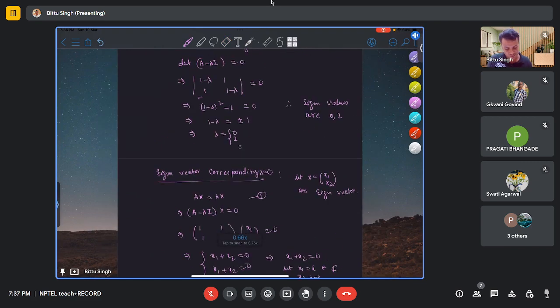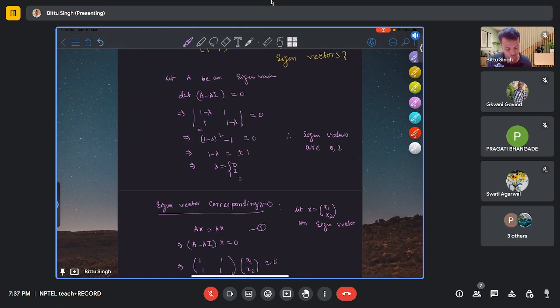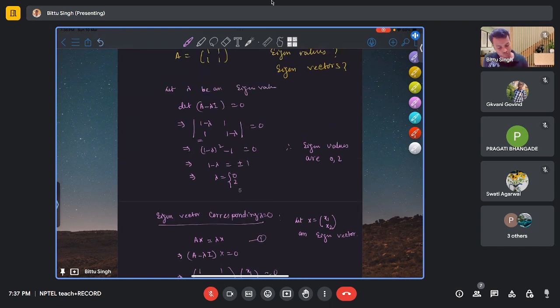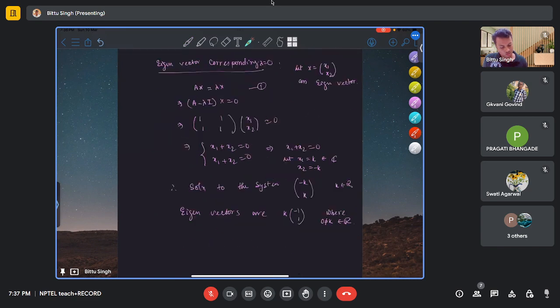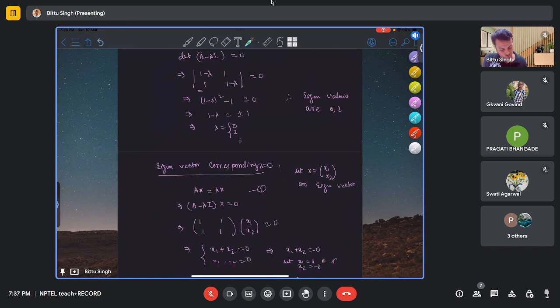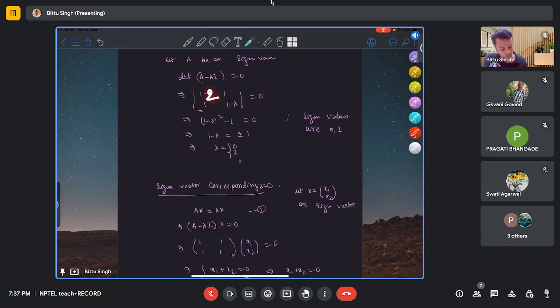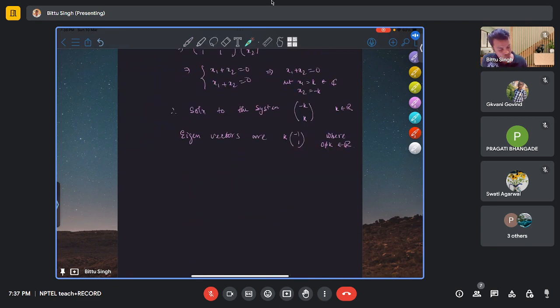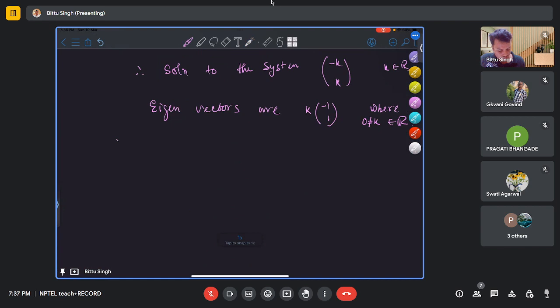So let us check what will be an eigenvector corresponding to 2. Here we put lambda equal to 2.